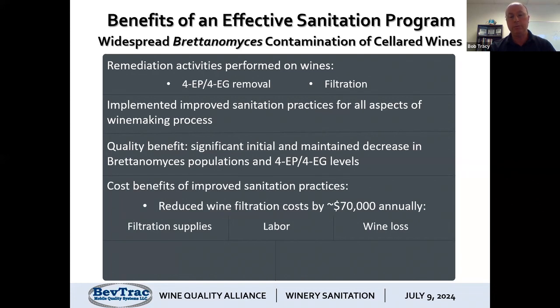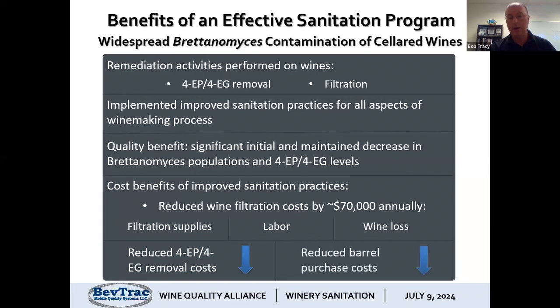By implementing their improved sanitation practices, their Brettanomyces populations went down dramatically, and they didn't have to do 4EP, 4EG removal. And so they saved a lot of money. In addition to the filtration costs, they also saved money because they didn't have to take out 4EP, 4EG. And they actually reduced the barrel purchase costs because they weren't purchasing as many barrels.